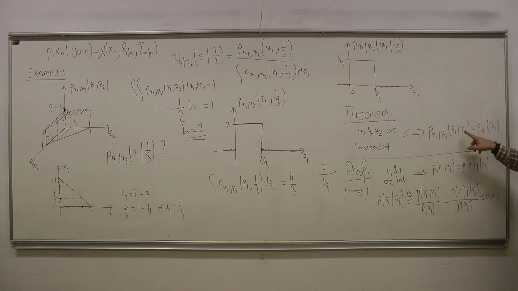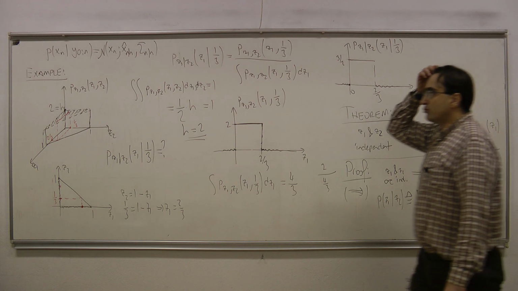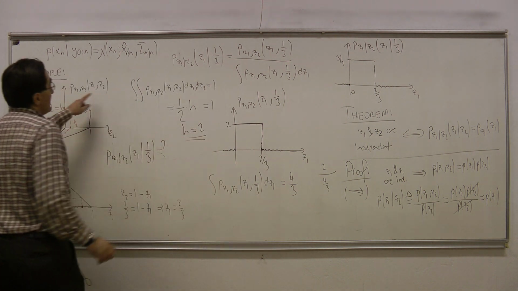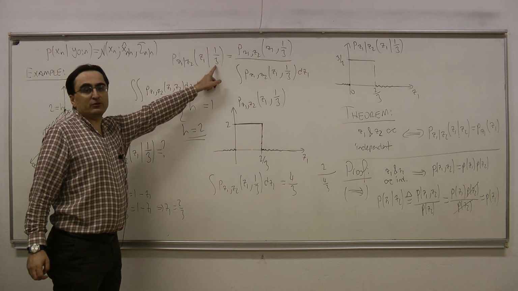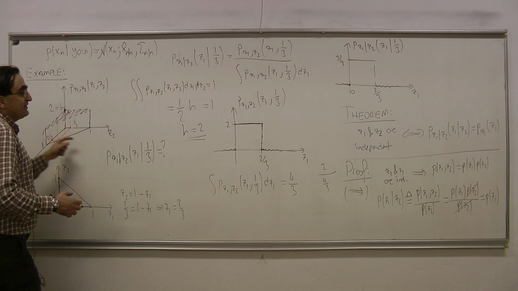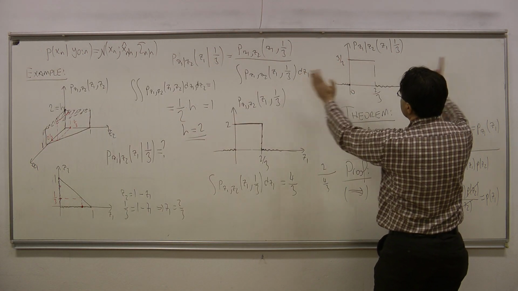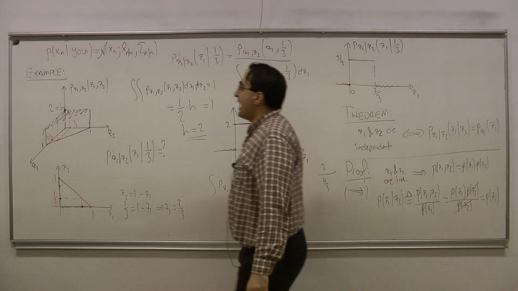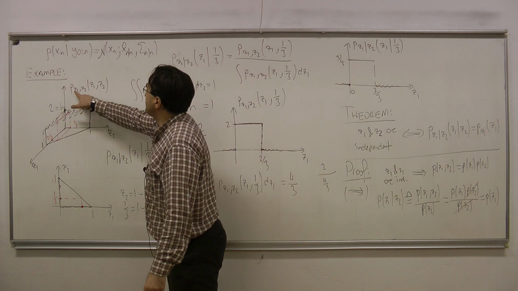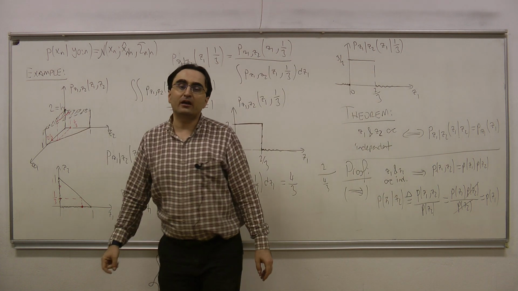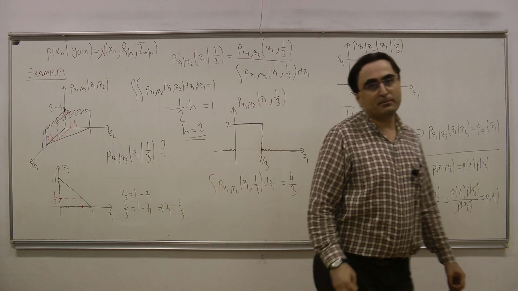So when I change Z2, this distribution should not change if I have independence. So here, when I change this value of Z2, 1 over 3, we see that this conditional distribution would change. Its support would change. As a result, I can say that here Z1 and Z2 are definitely not independent.